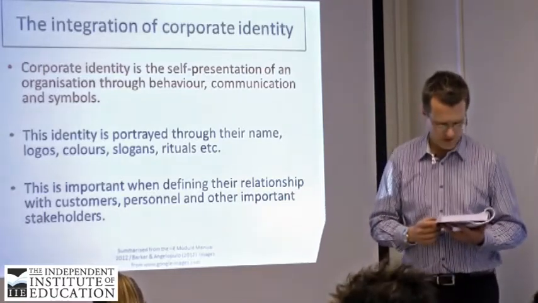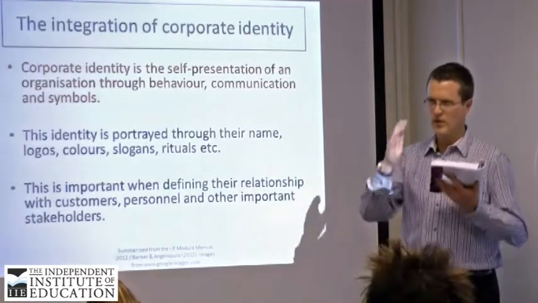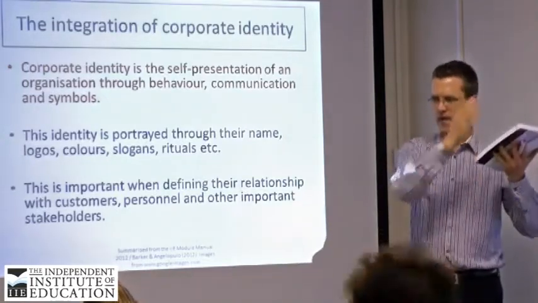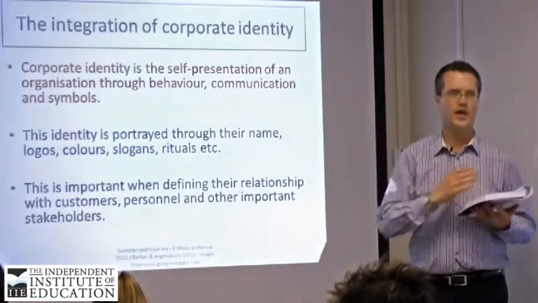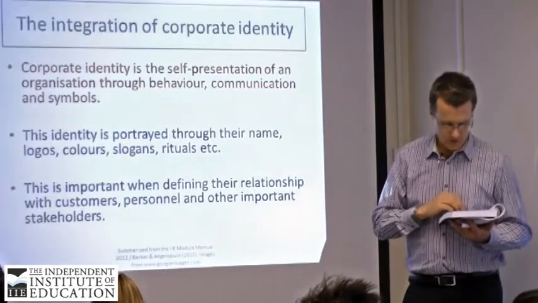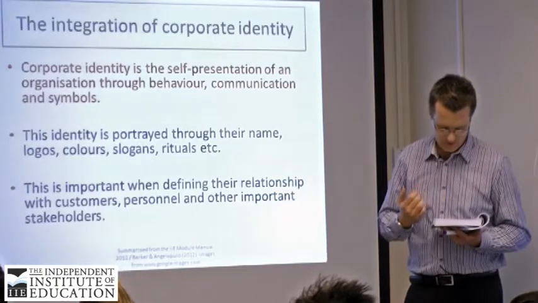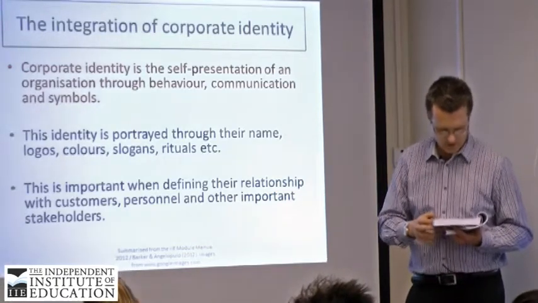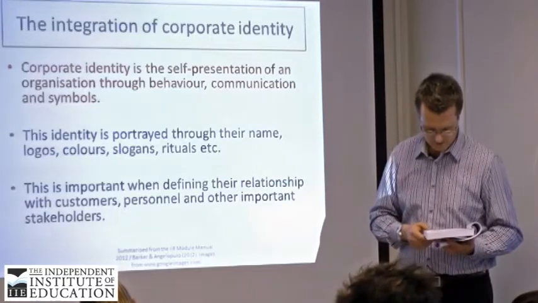These include the organization's need to differentiate itself, to say, I'm a McDonald's, not a Wimpy, or I'm a Woolworths, not an Edgars. Corporate identity is used to generate among staff a collective feeling of belonging, to strengthen links between the organization and its internal and external stakeholders.